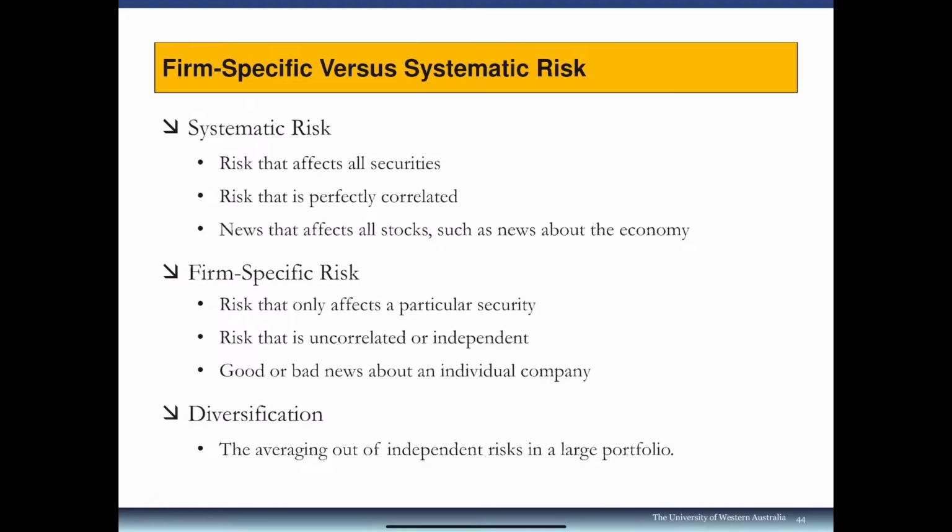The likelihood of company A's CEO having a car crash is independent of company B's CEO having a car accident. So by diversifying into different baskets, it would average out its independent risk.